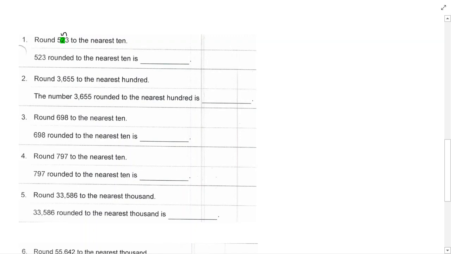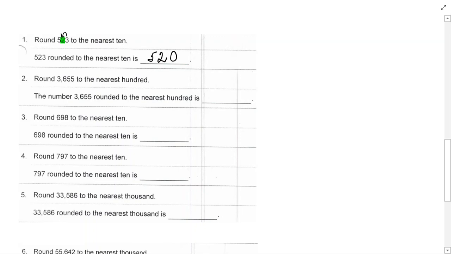Because the number to the right of it is below 5, it is only a 3, that means that you leave that alone. You will say it is 52, and you do not raise the 2, and then you always finish off after the tens place in this problem. You finish off behind it with zeros.